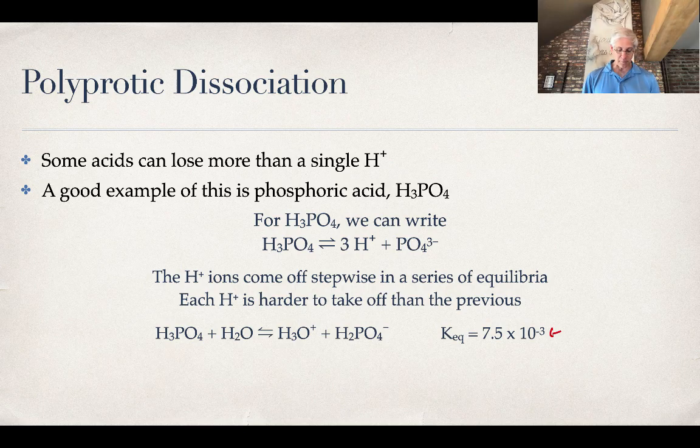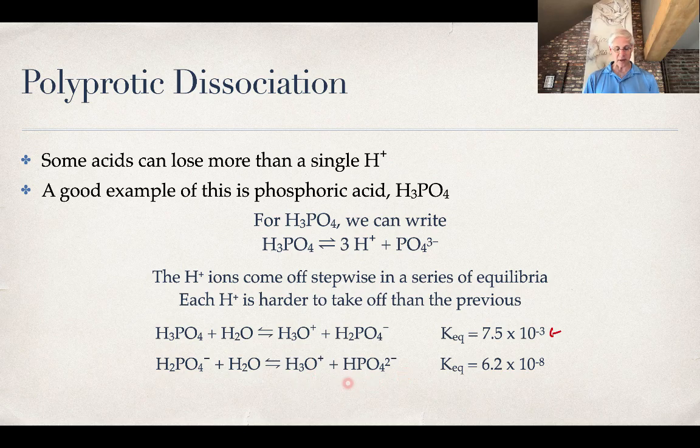Now we've got this species right here, H2PO4 minus. Once that species is formed, it has 2 choices of where to go. It can re-react with the H3O plus and reform H3PO4, or it can react with another water molecule and lose another H plus. And so we've got H2PO4 minus plus water going to another H3O plus and HPO4 2 minus.